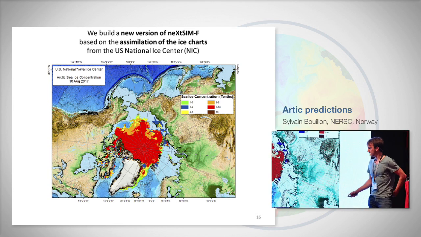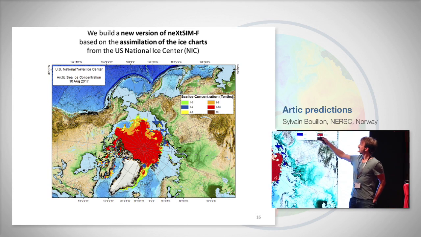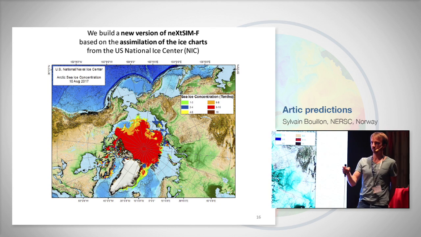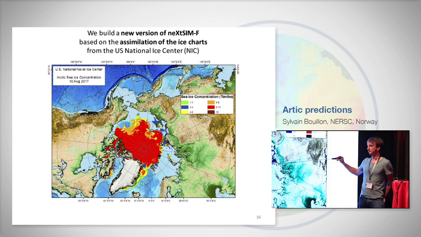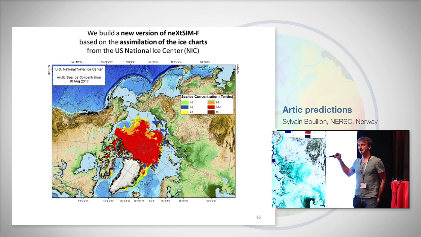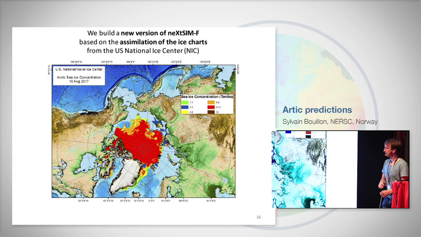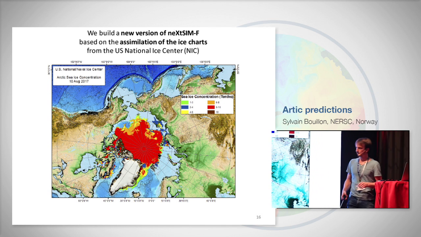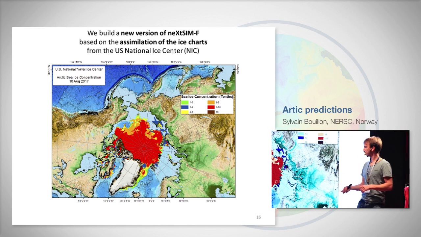So to still provide a useful forecast, we completely changed the assimilation to assimilate ice charts directly. And we were assimilating weekly ice charts as this one, but also daily ice charts that have less information. And we take both from the National Ice Center, so the US ones, because it covers the whole Arctic, so it's quite practical to use those.